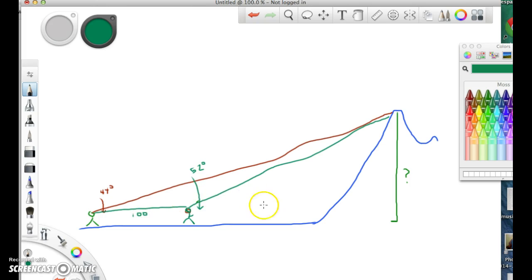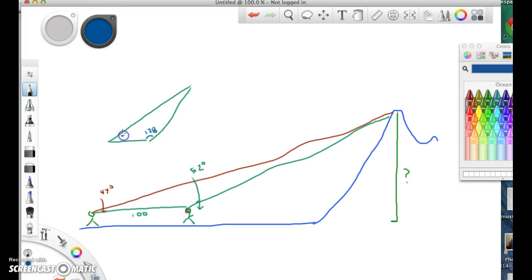Okay. So now what we're going to do is take this triangle out of here. See if we can make it a little nicer. So if this is 52, then therefore the inside is 128. We don't care about this angle, we care about this one.